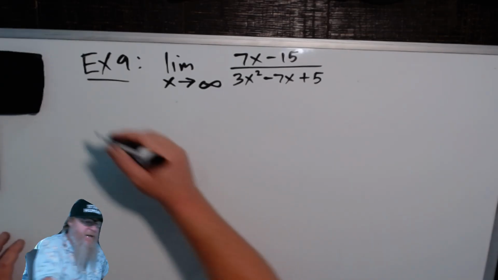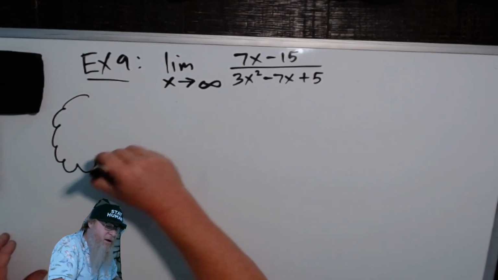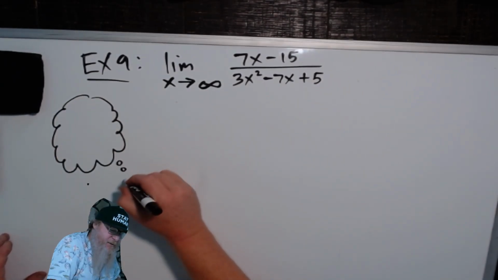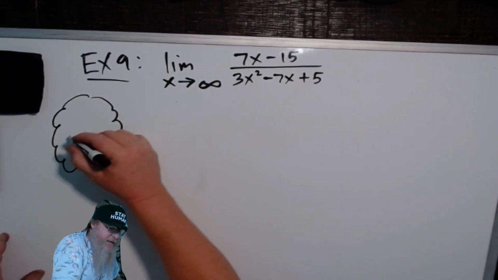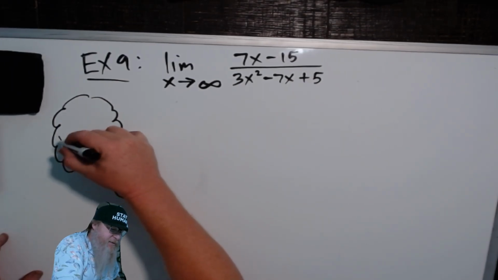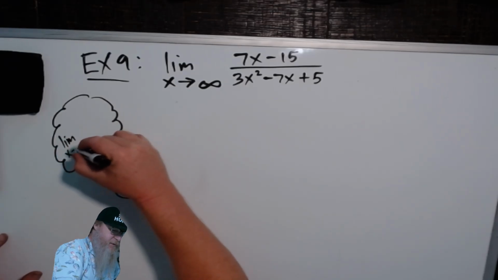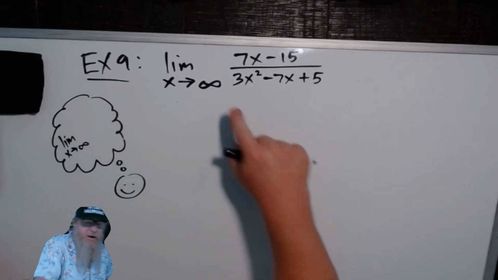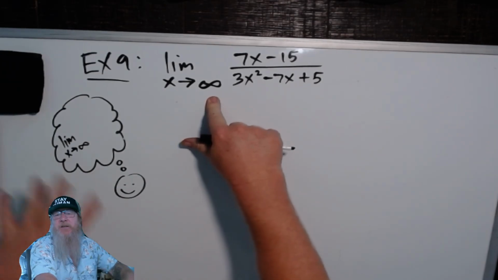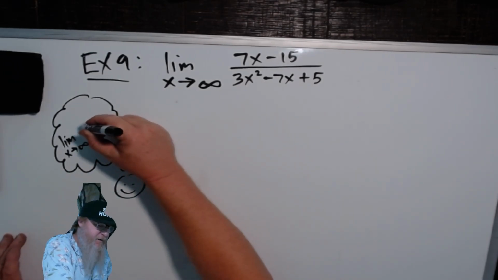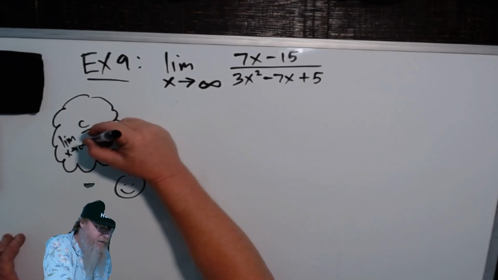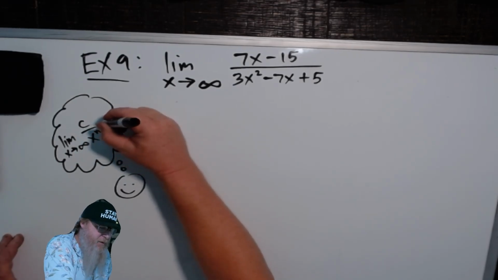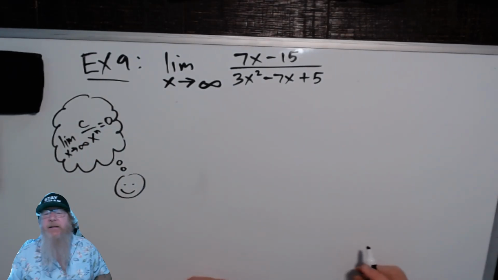And so I want to keep in mind just one idea as I do this. Anytime I have a limit, now for this example I'm just going to do infinity, but this would also apply to negative infinity, of a constant over an x to some power, I automatically get a 0.